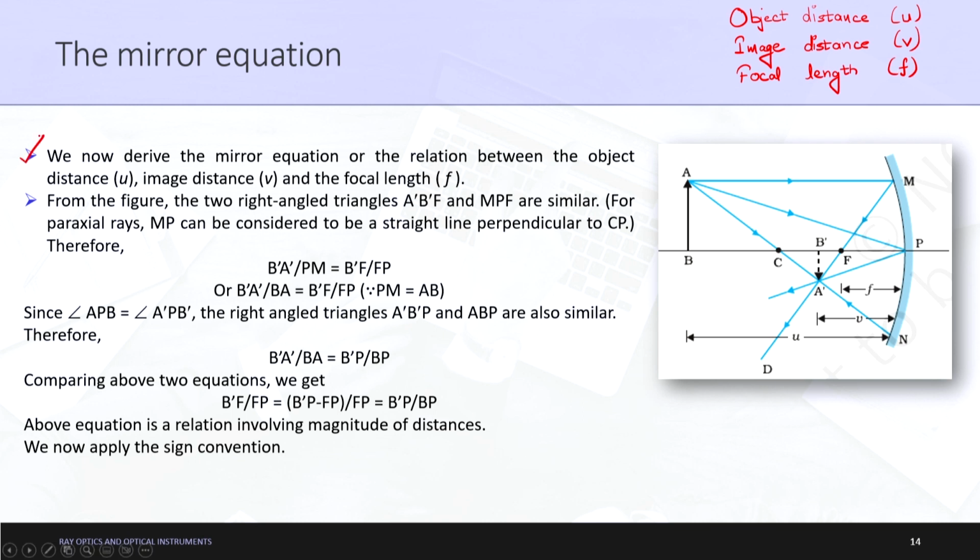Okay. From the figure, the two right angle triangles A dash B dash F and MPF are similar. As you can see, A dash B dash F is the first triangle. Let me choose different colors.